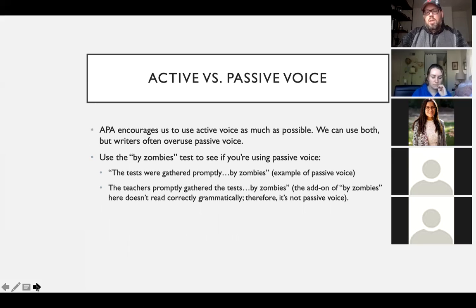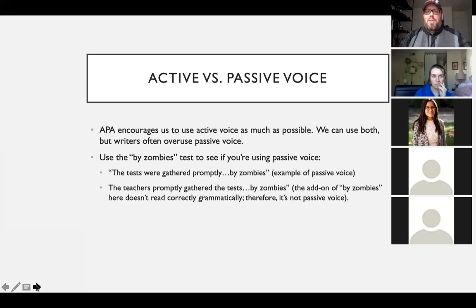A good way to think about this is that in active voice, typically what is centered at the start of the sentence is the individuals and then the action they're taking. So if you're framing your sentence that way, then usually you're going to be in active voice. So "I conducted research on" is probably going to be active voice, or even "the researcher conducted research on" is most likely going to be active voice.